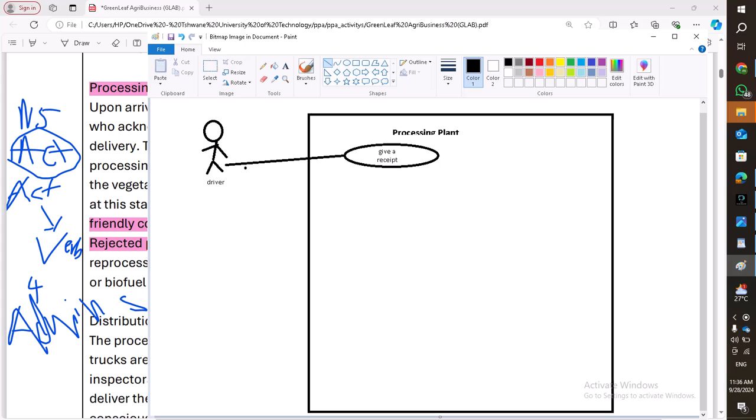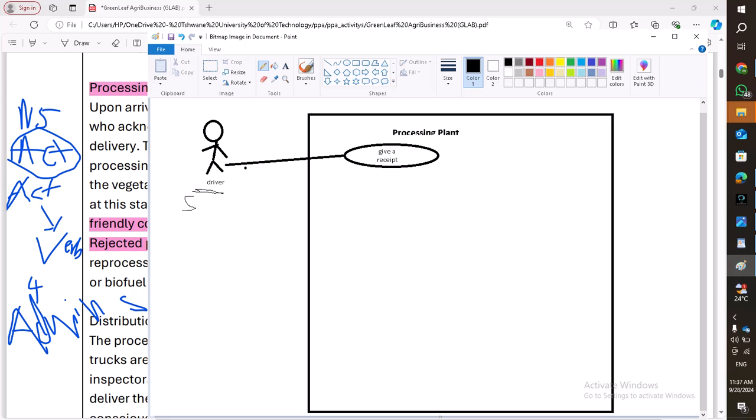Here the driver is a primary actor because the driver did not depend on a certain thing to happen in this scenario, but the clerk was waiting for the driver to hand over the receipt, so that makes the clerk a secondary actor. Always remember, your primary actor is always on your left, and the secondary actor is always on your right.